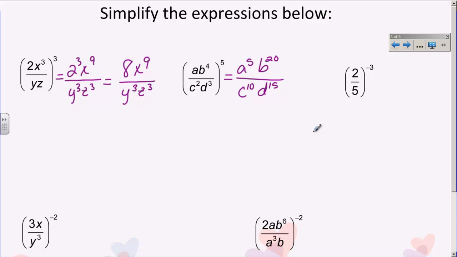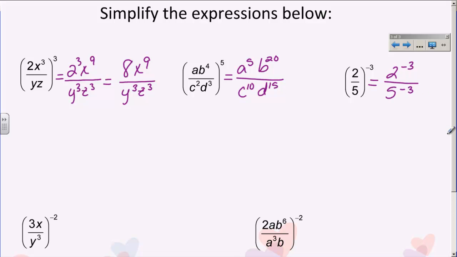Now the next problem, this one, this 2/5 to the negative 3, I like this problem a lot, because it looks really complicated. It's not very complicated, but you will overthink it. The first thing I want you to do is distribute this negative 3 exponent to everything you see. So this really becomes 2 to the negative 3 over 5 to the negative 3.